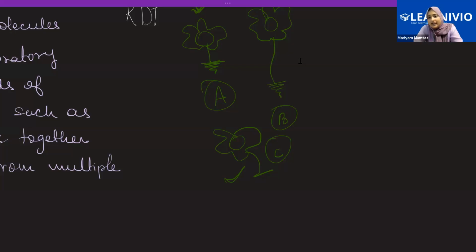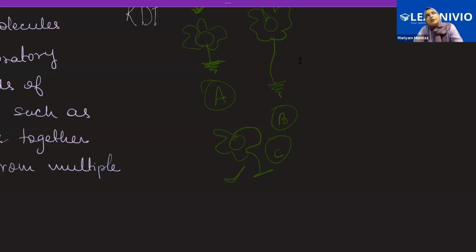A pairs up with G, right? A pairs up with G and C pairs up with T. Am I right or am I wrong? C pairs up with G, no? So I am wrong, right? A pairs up with T and G pairs up with C.